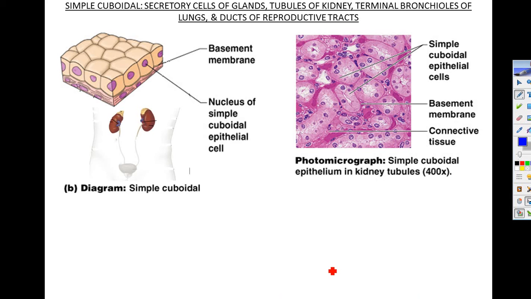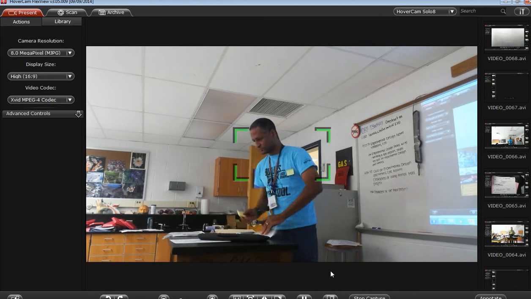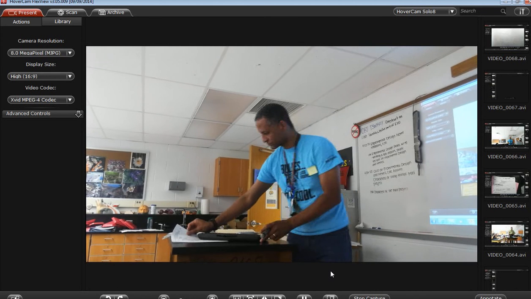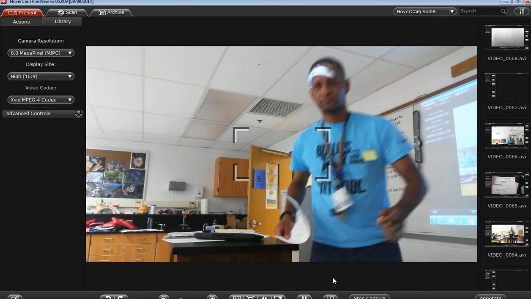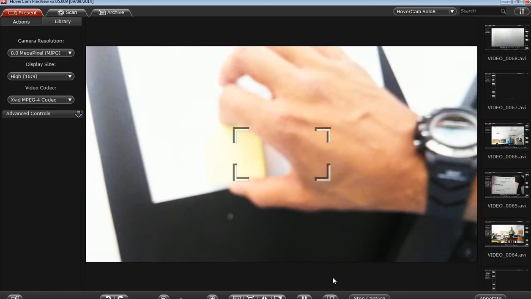If you were to take a flat sheet and put a small cube like this. So there's your flat sheet. And this is the cuboid cell.